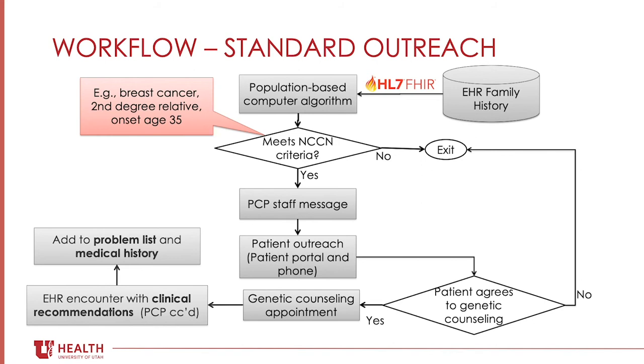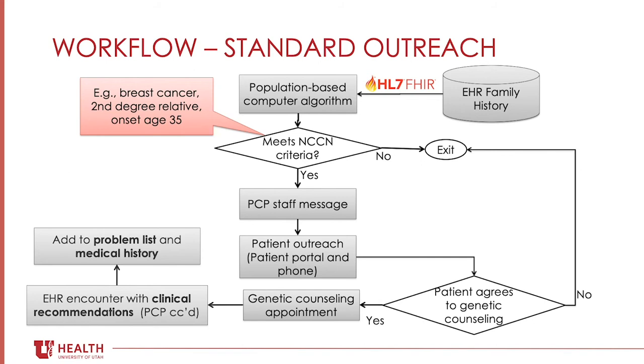The first thing they do is to send a message to the PCP, primary care provider staff, as a heads up that outreach messages will be sent to this patient regarding this issue. And that's just so the clinic knows what to do in case the patient calls with questions. Next, they also use the same population health management platform that I'm going to show in a minute.